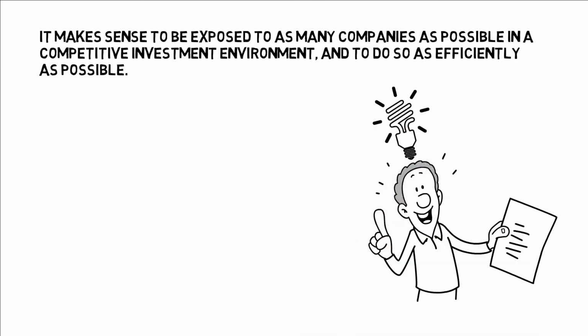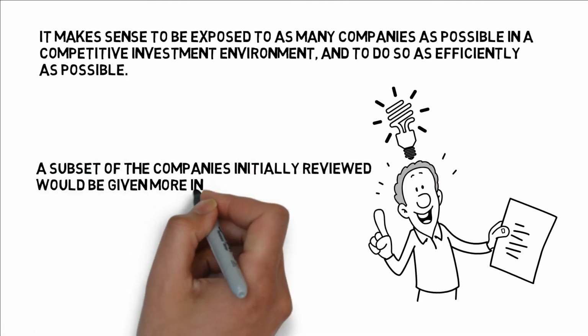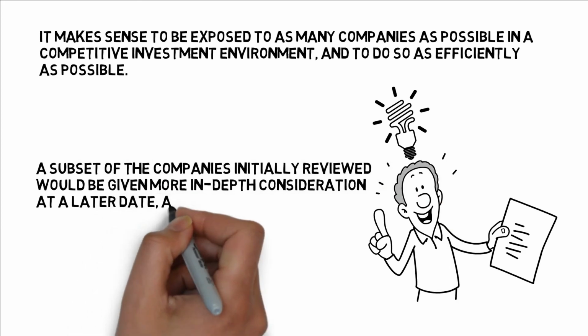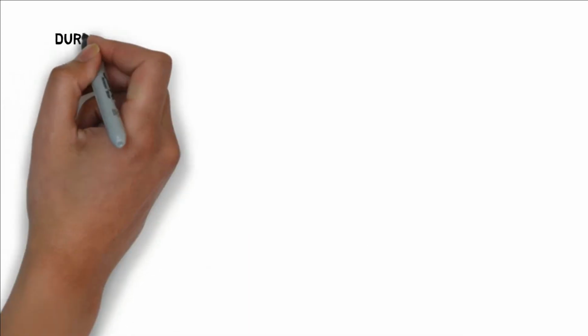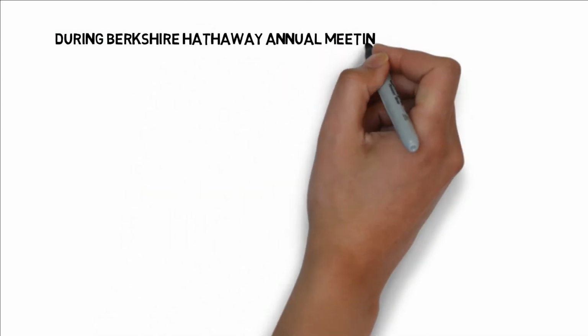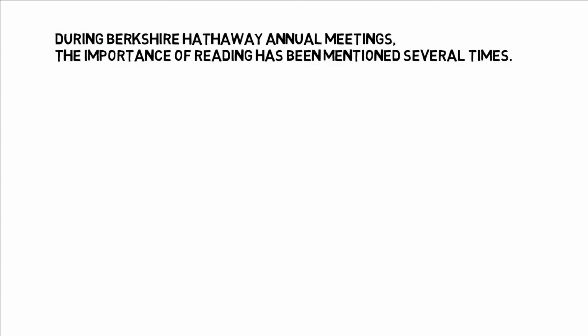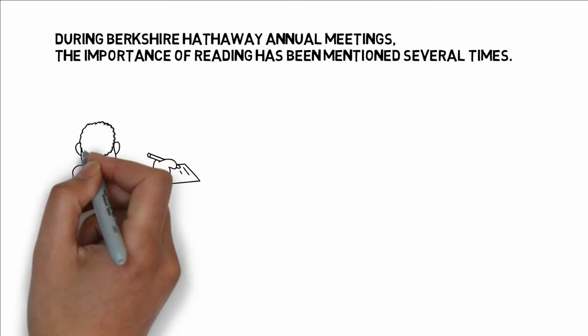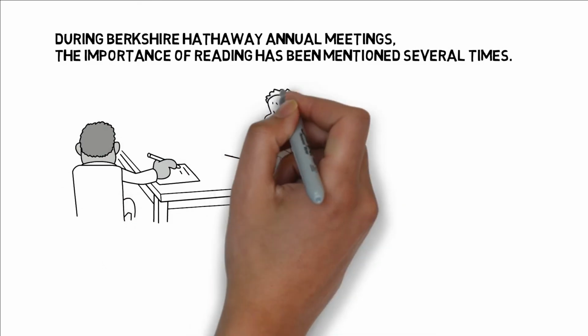A subset of the companies initially reviewed would be given more in-depth consideration at a later date, always before making an investment decision. During Berkshire Hathaway annual meetings, the importance of reading has been mentioned several times. People in the audience always nod and agree with the sentiment, but the majority of them do not act on the advice.